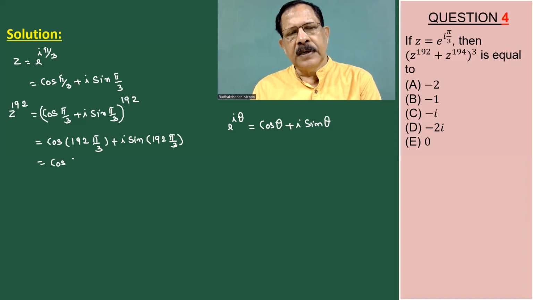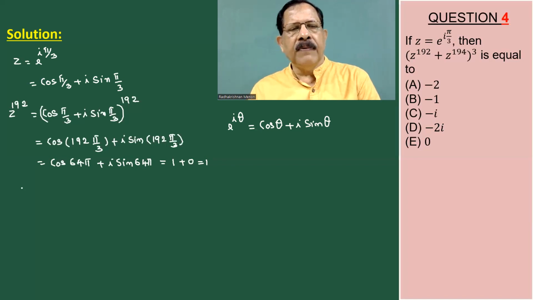That is cos 64 pi plus i sin 64 pi. What is cos 64 pi? Even number into pi, it is 1, plus i sin 64 pi, sin of even number into pi is 0. So it is equal to 1.